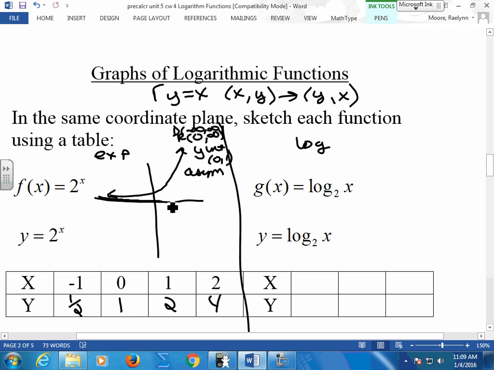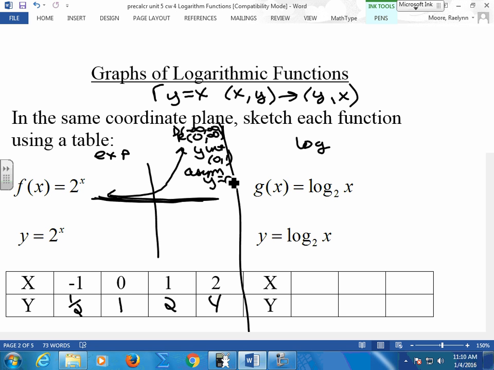We want this line, right? We want our x-axis. So what y value is that? 0. Isn't that my y equals 0 line? I can't touch 0. In other words, there's nothing I could put in for x that will give me a 0. Try it. There's nothing 2 to the x power that you could put in for x that will give you a 0.